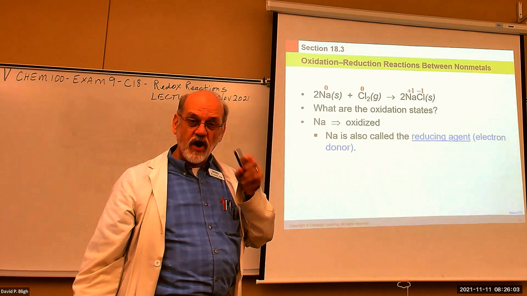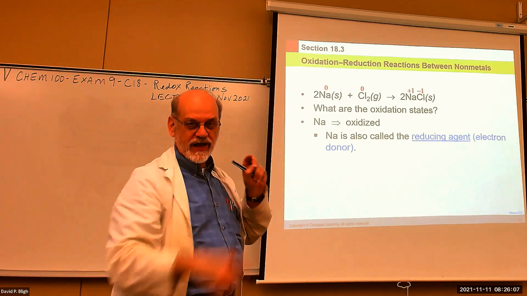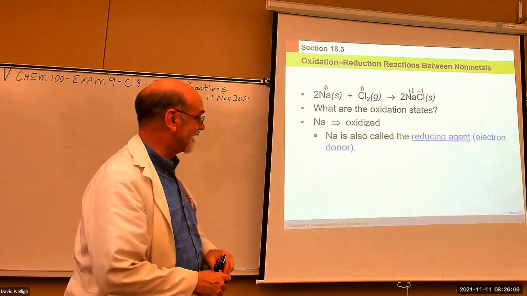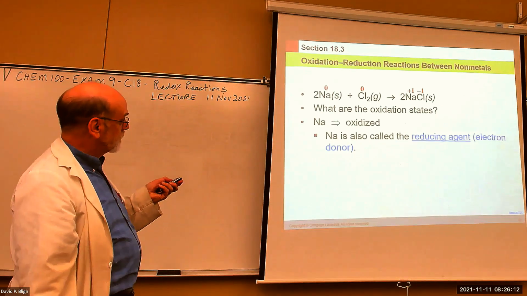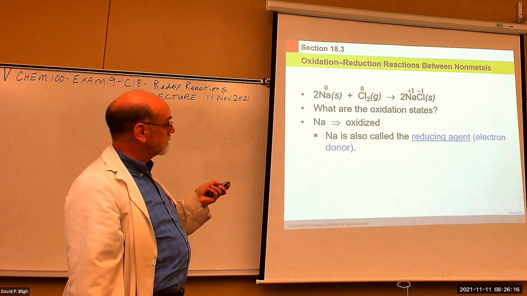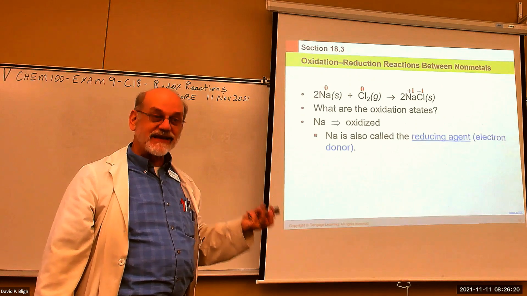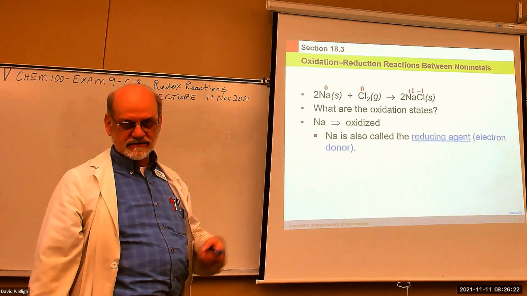It's the one that causes reduction in the other atom. So if sodium is oxidized, it's the reducing agent. That means that chlorine is reduced, which means it is the oxidizing agent.